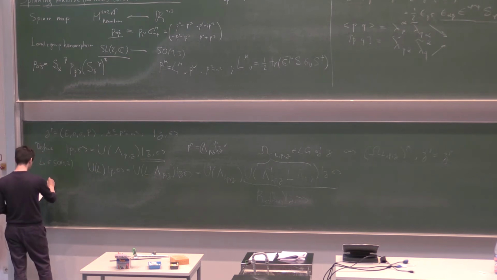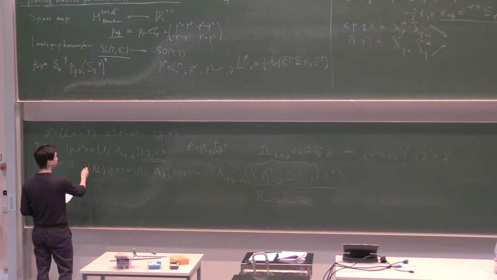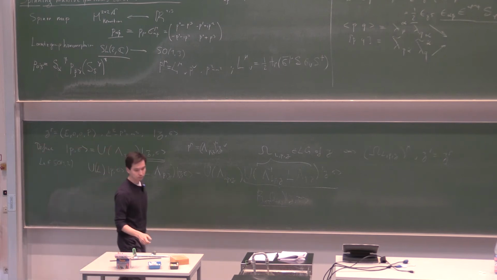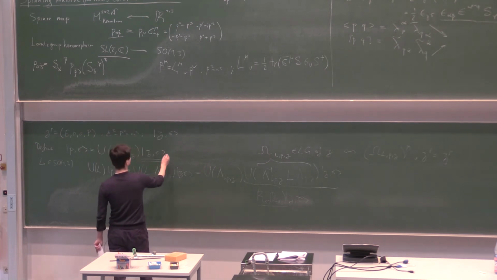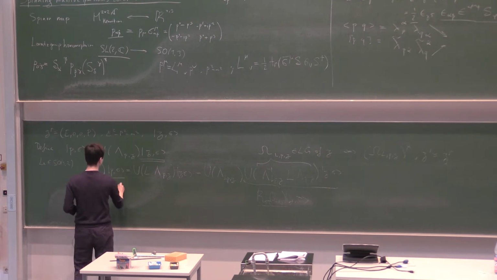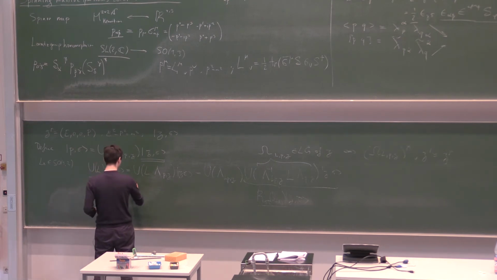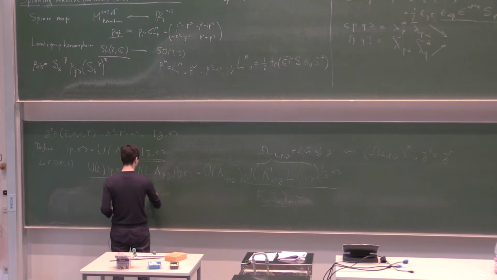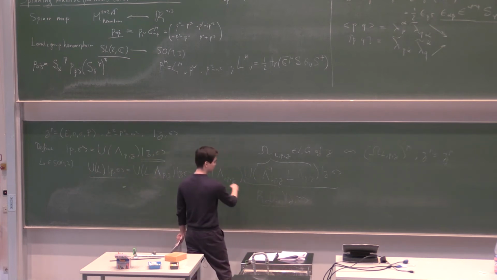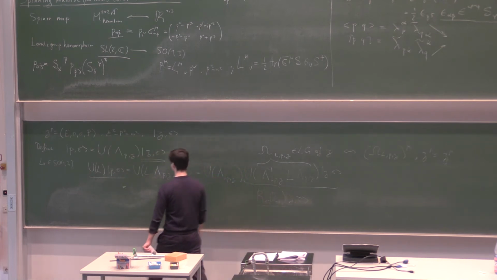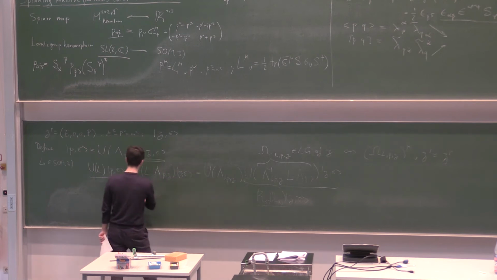And once we have that, we can see that this thing becomes U of lambda Lp zeta. Well, actually, now this thing just acts here, and because this is just a matrix now, we can just rewrite sigma tau.